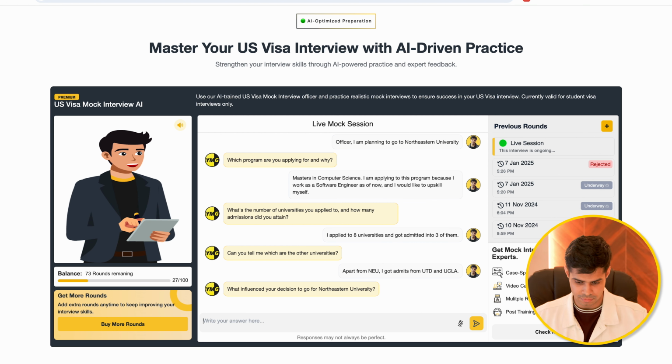What influenced your decision to go for Northeastern University? Okay, let's mention it this time. Or let's just type, just to be clear. I chose NEU over the other options due to its, now NEU we all know has a co-op program, so that's one of the things. Due to its co-op nature of program, this feature is hardly available at any other university.